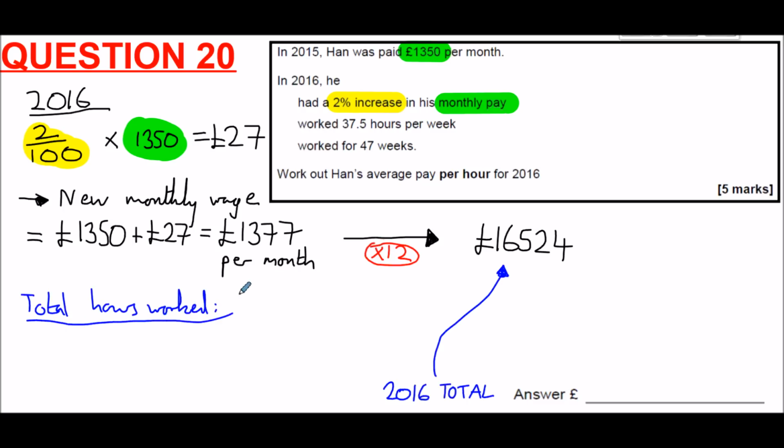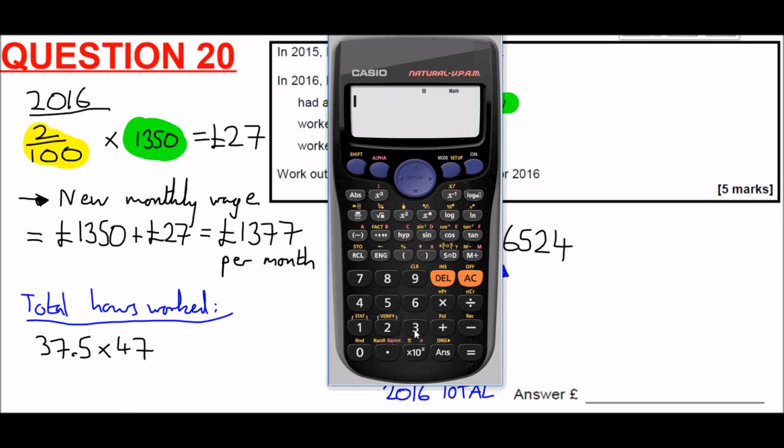And so the total hours he's worked, we can work out from this information. In 2016, the total hours he's worked is 37.5 hours per week, multiplied by the number of weeks he's been working, which is 47. We get a grand total number of hours worked of 1762.5.